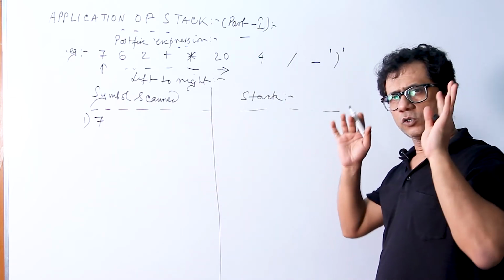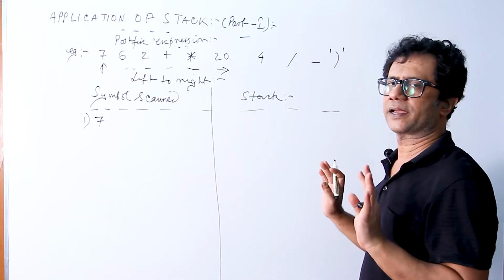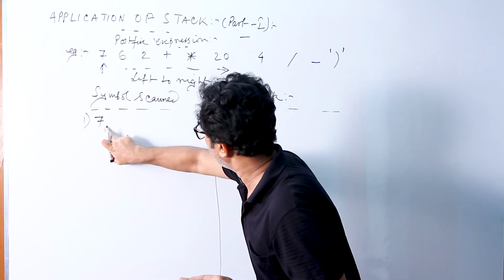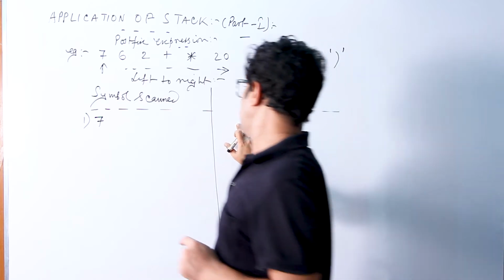Initially, suppose the stack is empty, there is nothing in the stack, and now I will push this 7 to the stack, and the stack will look like this.